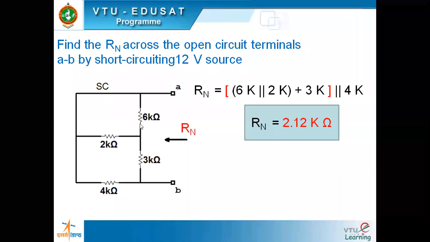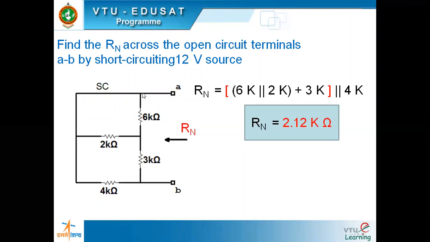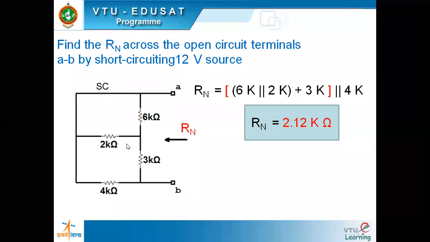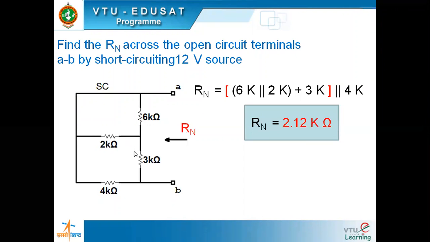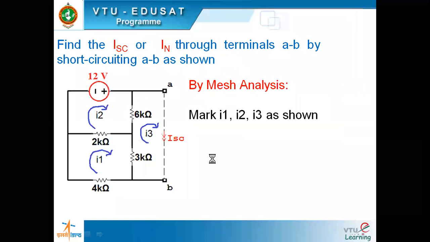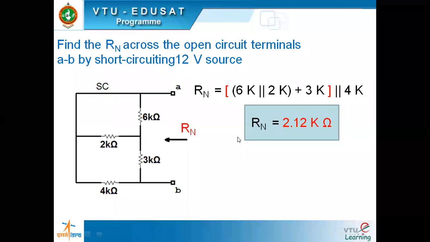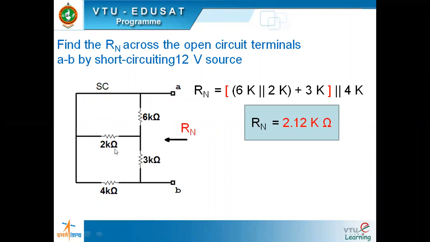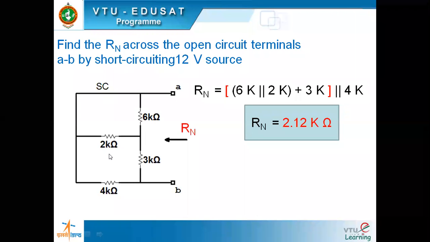Then that parallel combination would be in series with this, and this whole stuff would be in parallel with 4k. That is how we have obtained this to be 2.12 kilo ohm, so you can do it step by step and look at that.